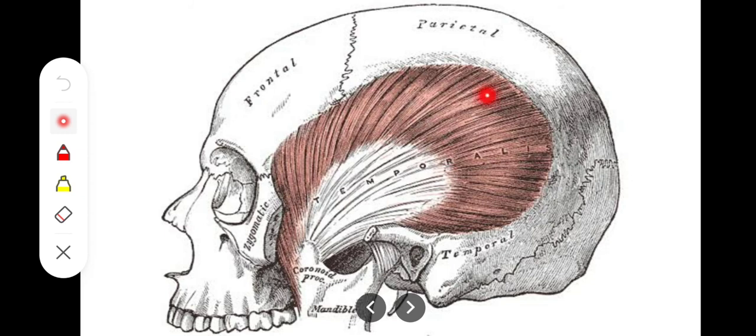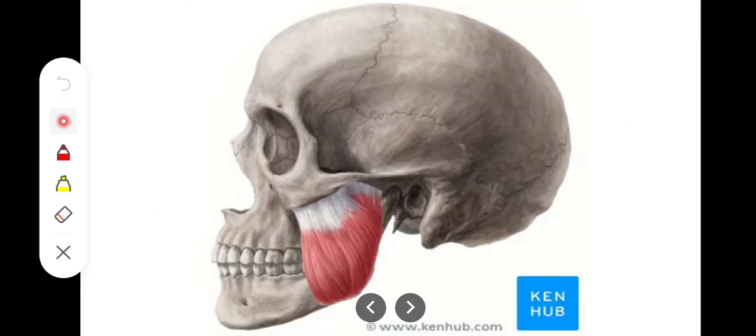You would have read before that the deep temporal vessels and nerves lie below it, and the middle temporal vessels produce certain markings above the external acoustic meatus. Here is the external acoustic meatus, and above it the middle temporal vessels make some markings. So this was the temporalis muscle, which covers the whole of the temporal fossa.